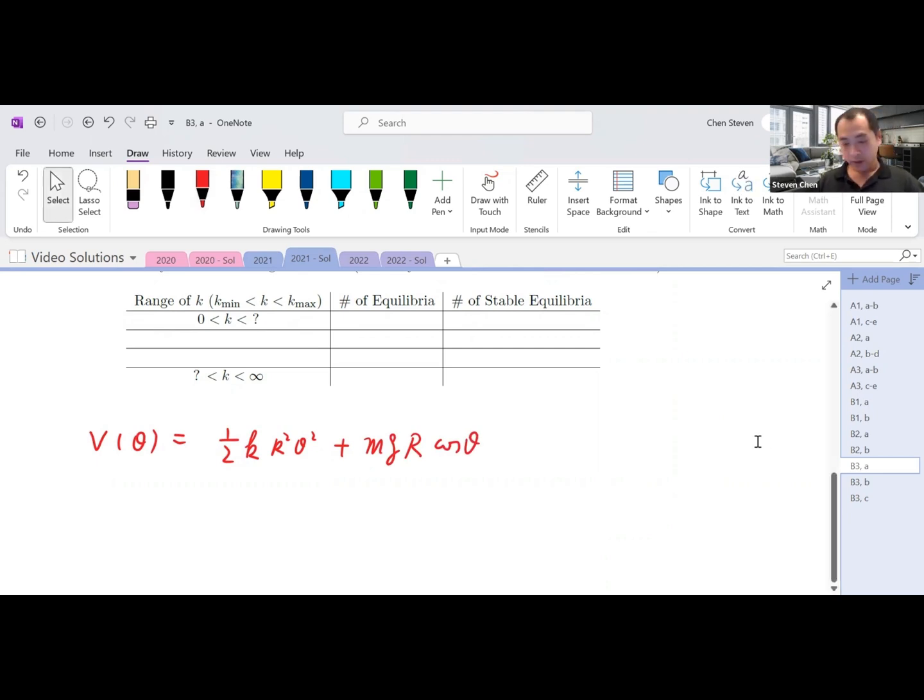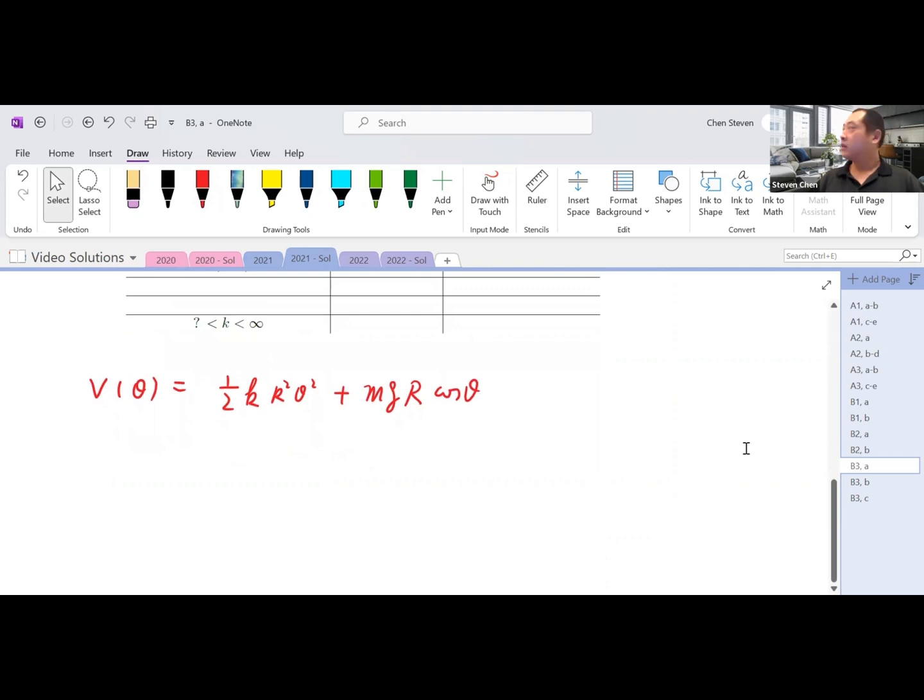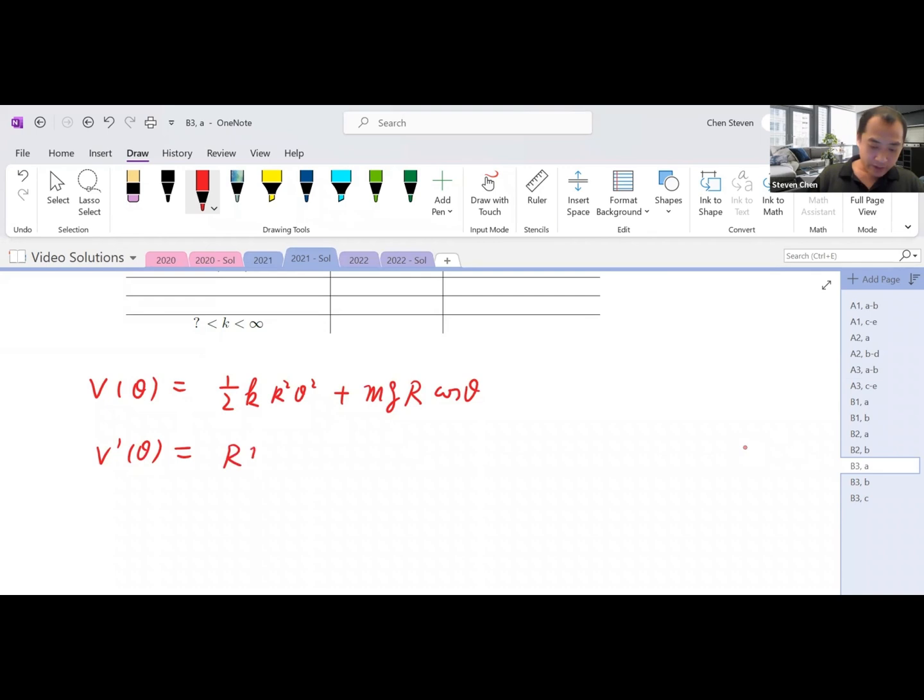Okay. Next, let's find our equilibrium. So we take the first order derivative, and we see for what theta it is equal to 0. Let's take its derivative. So let me just write down the result, okay? So the first order derivative takes the following form.